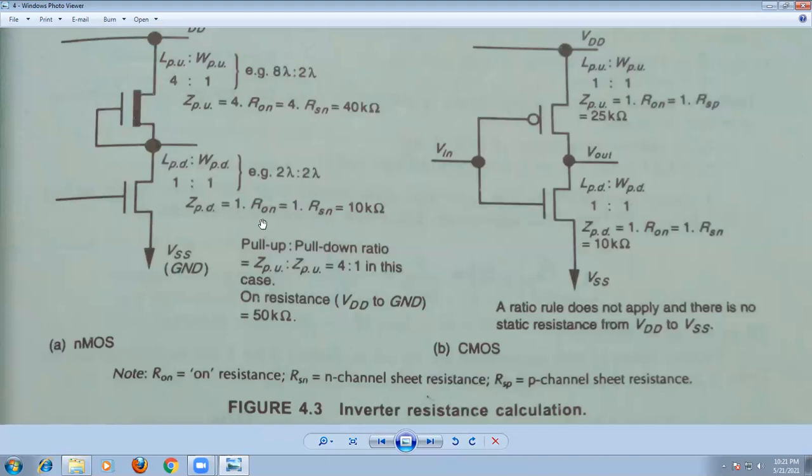So Rn is equal to 1 into 10 to the power 4, which is 10 to the power 4, that is nothing but 10 kilo ohm. Like this, you can calculate the on resistance of the pull-down transistor.